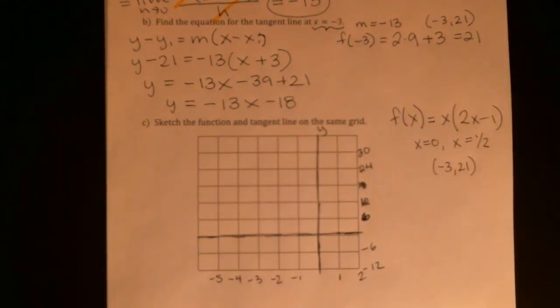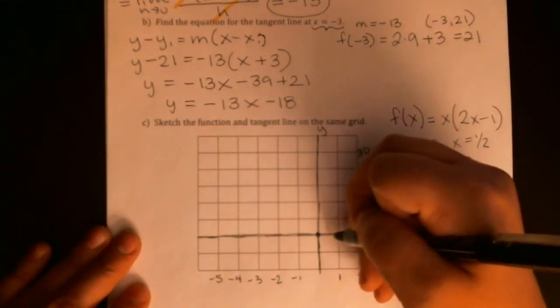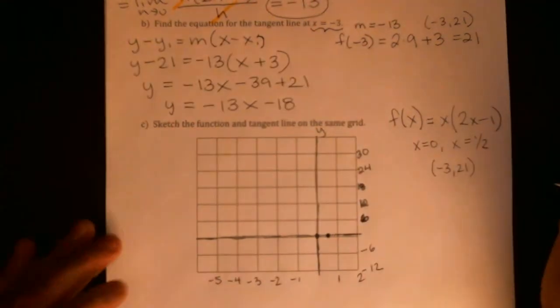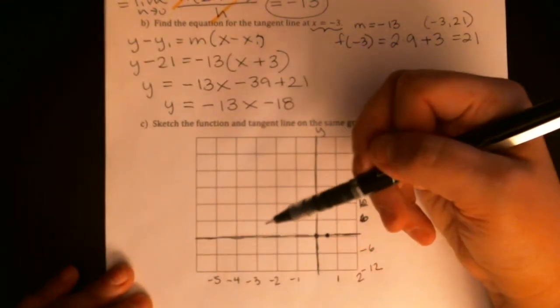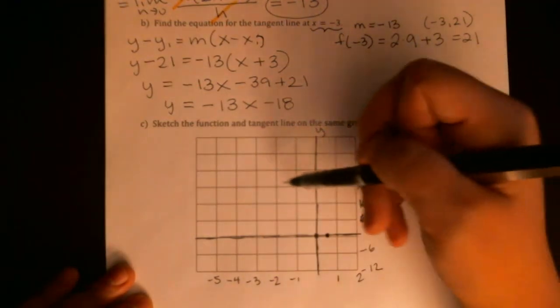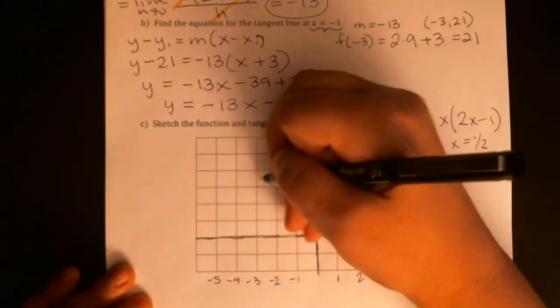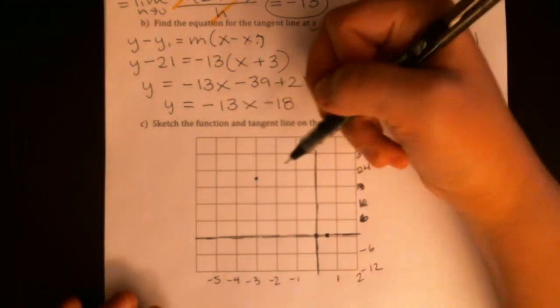Okay, so our function has x-intercepts at 0 and 1/2. So really close together. We know it goes through the point (-3, 21). So 18 is here, and 21 should be right in the middle.